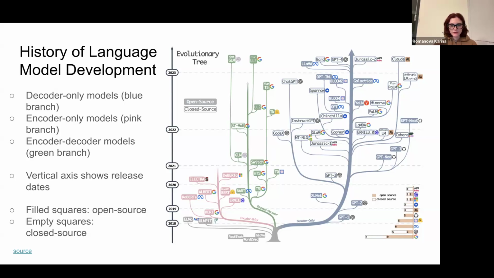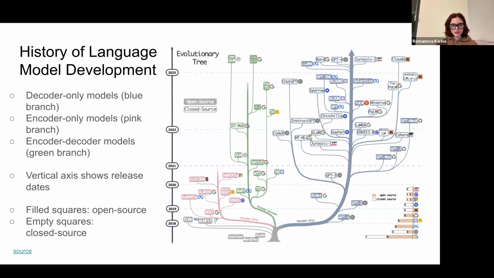And T5 represents the encoder-decoder architecture, where the encoder processes input and the decoder generates the output. These categorizations show us how different tasks are best suited to specific architectures.